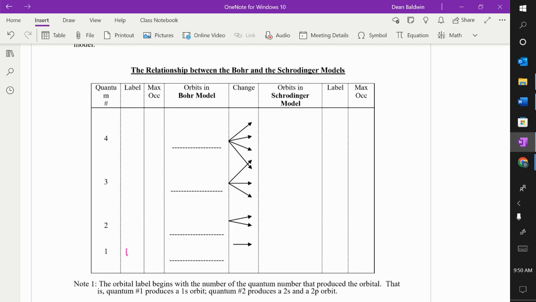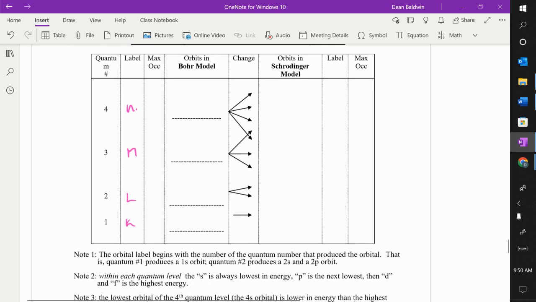Sometimes in the Bohr model they'll call it K, L, M, and N. Does that ring bells? Anybody remember the Bohr model? In the Bohr model, you could hold 2 electrons in the first orbital, 8 electrons in the next, 18 after that, and you could go to 32 in the one after that.